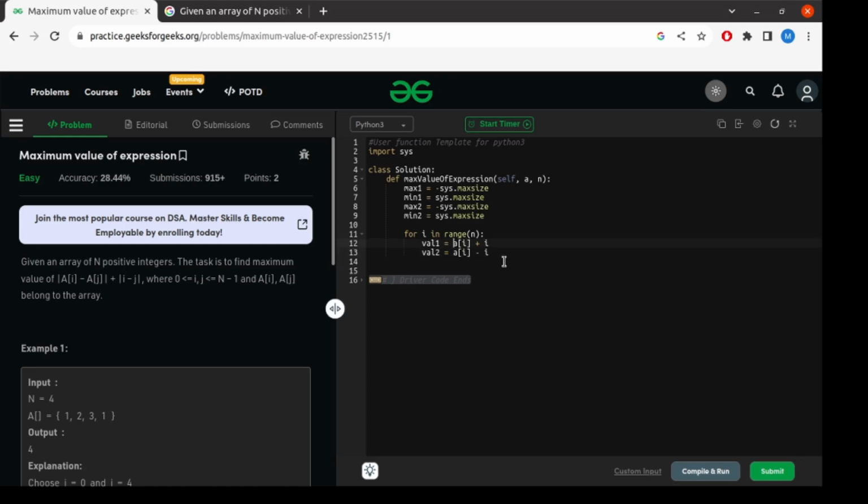Okay, and for safety, I'm just converting it to integer. Sometimes they operate on something else. So anyways, this should do.